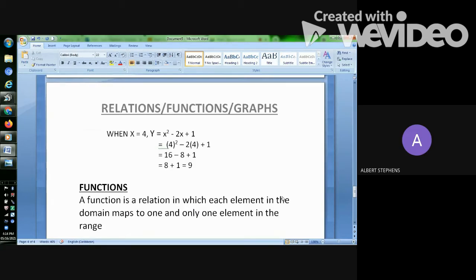That's a definition of what a function is. All right. Now note, not all relations are functions. All right, let's make a note of that. Not all relations are functions.